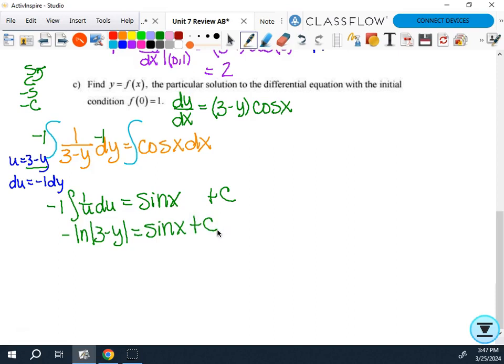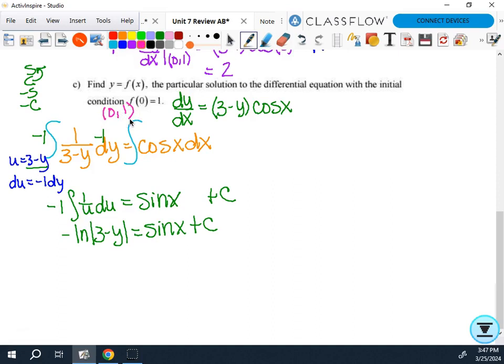All right, so now I can substitute in now or I can substitute in later, whatever works for you. So let's go ahead and just substitute in now, see what we can get through here. So I'm substituting in my initial condition, which is (0, 1).